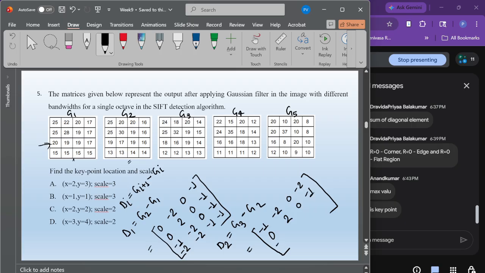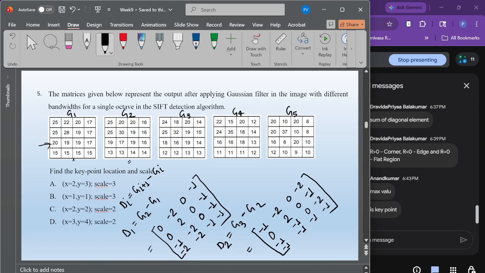Next one is minus 1, then 0, then minus 1, 0, minus 2. In the last row, all are minus 1. So we have calculated D1 and D2.